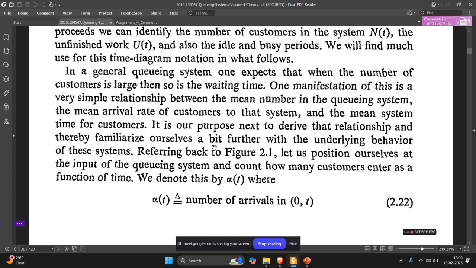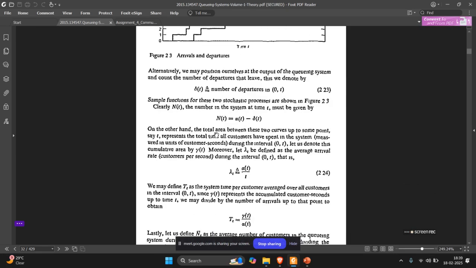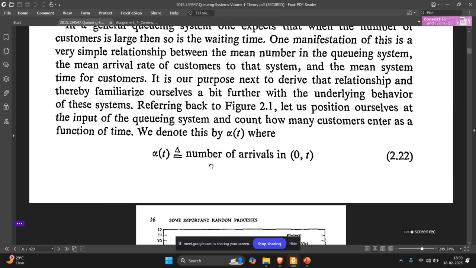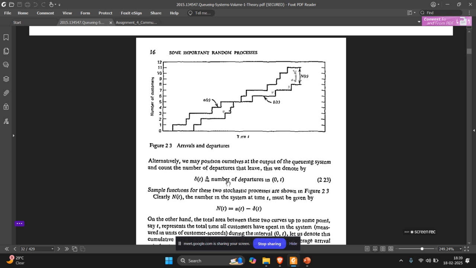Now, to derive Little's theorem, we will define alpha t as the number of arrivals in duration 0 to t. So alpha t is the number of packets that have arrived in the time duration from 0 to t. And delta t is the number of departures in the same time frame.